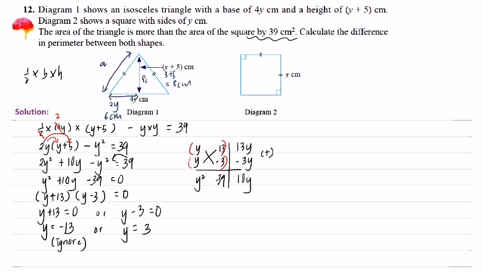So we use Pythagoras theorem to find the value of A. A is hypotenuse, so A equals square root of 8 squared plus 6 squared, equals square root of 64 plus 36. Square root of 100 equals 10.